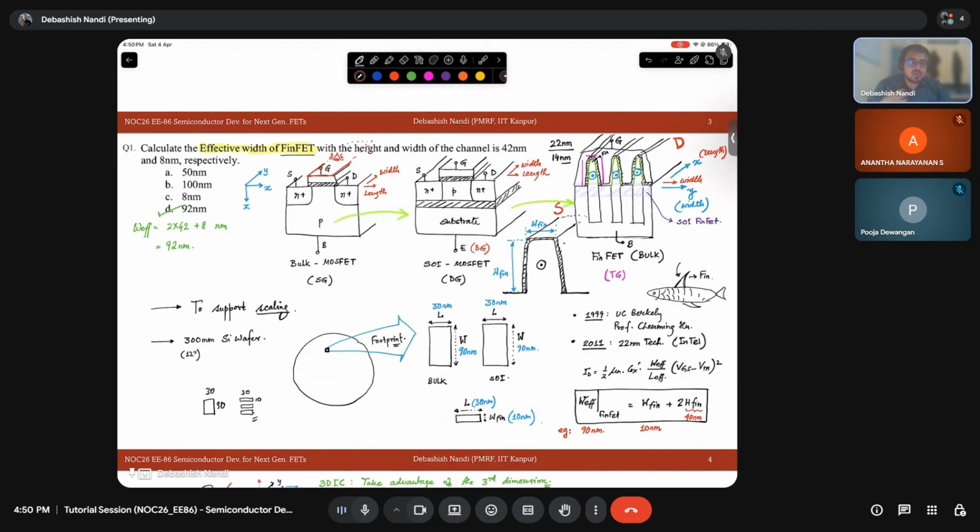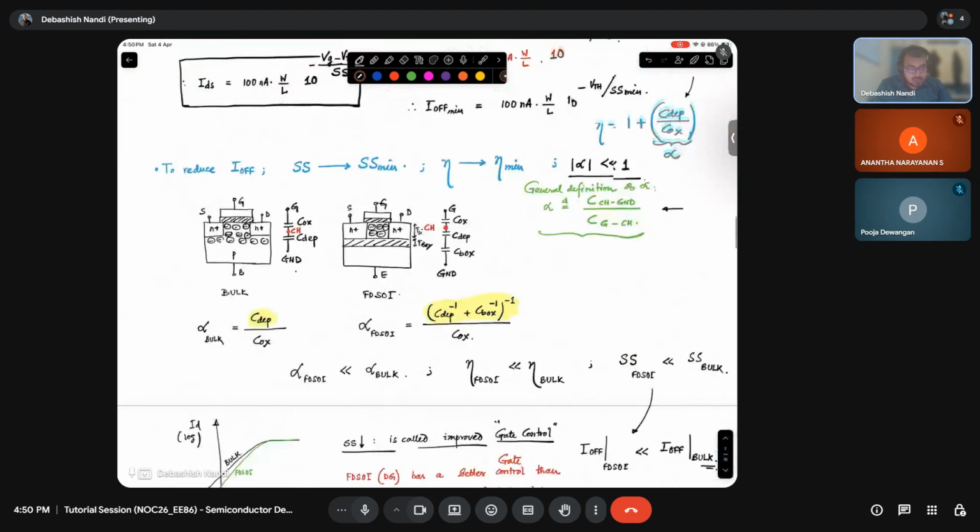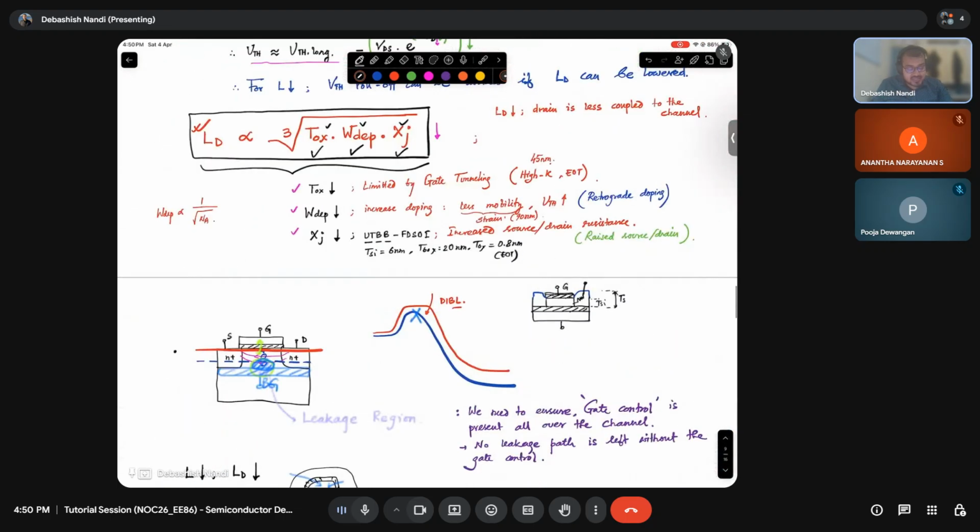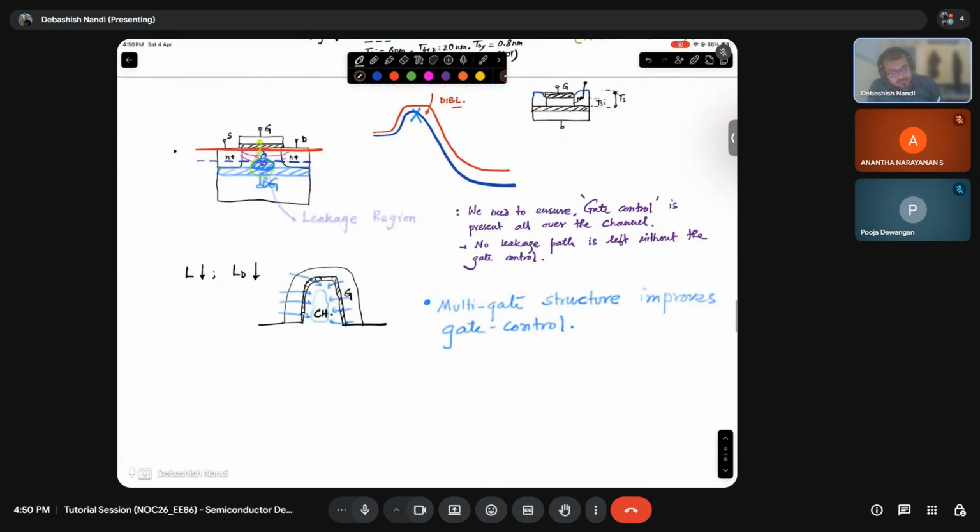Then I need to go to other novel structures. Why am I leaving this fourth direction? So people started to surround the channel from all directions.